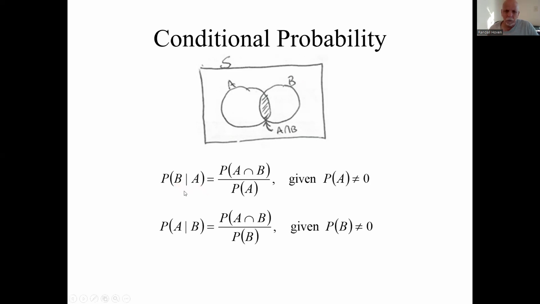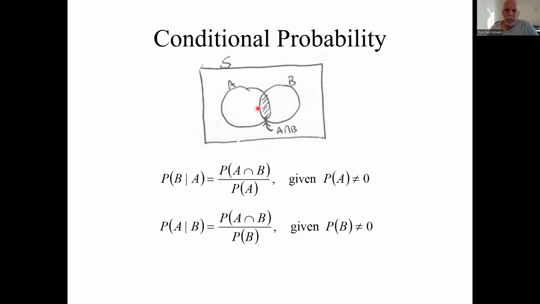Here's the notation for it. And what does that mean? The probability of getting an outcome that is in the subset B, given that you know that outcome is in the subset A. If this were drawn to scale, where areas matched probabilities or how many outcomes, the probability of A would be the area of this circle divided by the area of the whole space.